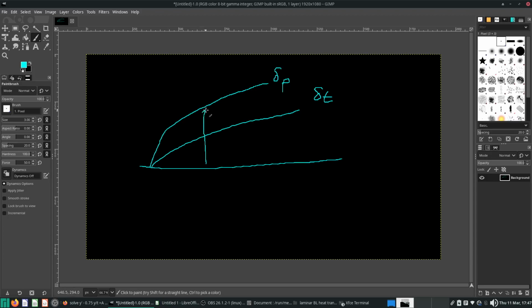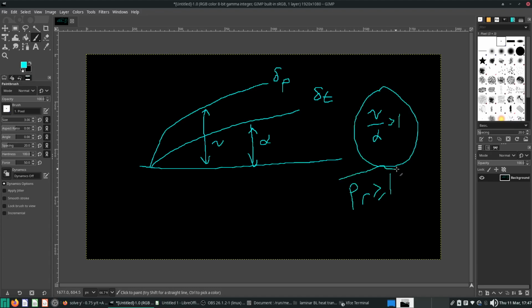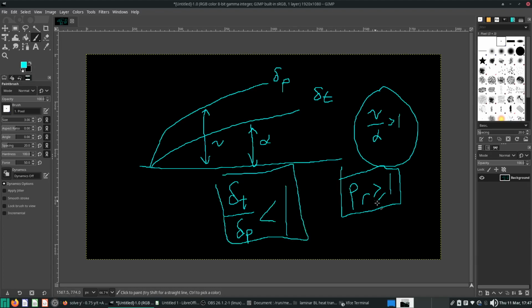You see this momentum? Momentum diffuses much more than the temperature. The momentum diffusivity is much more than the thermal diffusivity. So what does it say? Nu over alpha is more than 1, or Prandtl number greater or equal to 1. This is what delta_T over delta_P much less than 1 implies. So this is the implication: Prandtl number is greater or equal to 1. Not too bad.